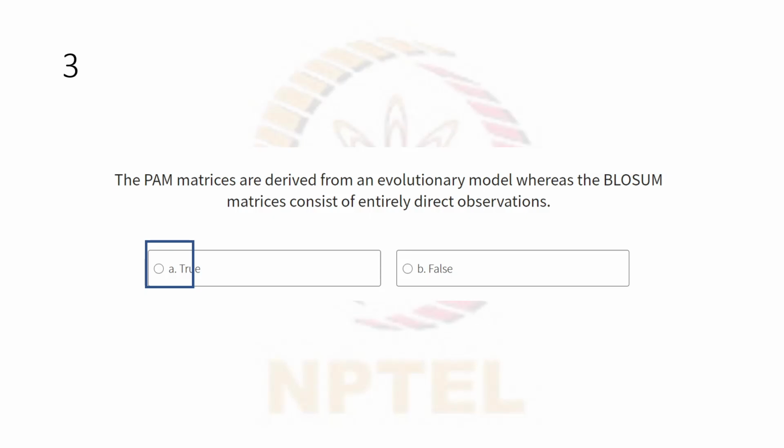So we build an evolutionary model by aligning, and then we try to get the relatively constant rate of substitutions that we see. Coming to BLOSUM, these are constructed from a larger, more diverse set of protein sequences and are designed to score alignments of more distantly related sequences. That is why these are direct observations and PAM matrices are from an evolutionary model.